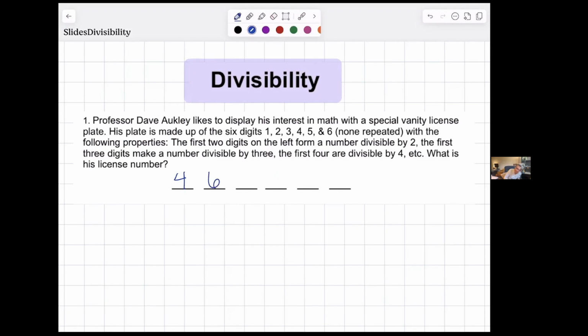This one definitely uses 4, 6, 2, 1, 3, 5, which is one that someone wrote. So that has all the correct digits, right? 1, 2, 3, 4, 5, and 6. Nothing is repeated. That's also correct, right? Each number appears only once. Does this one work?